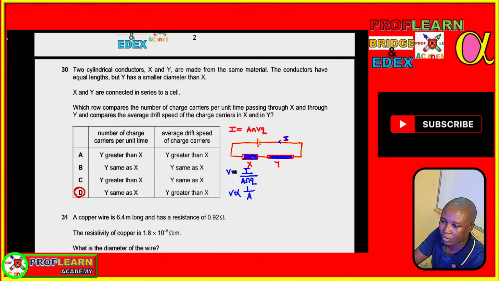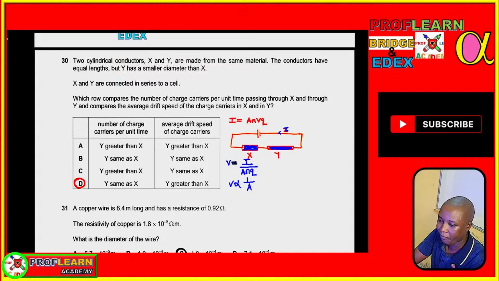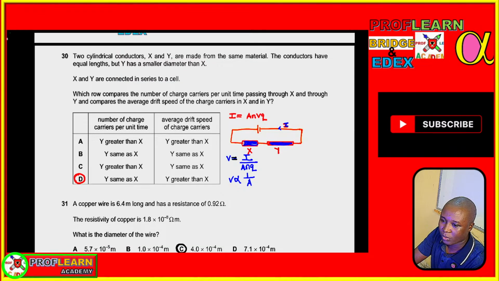We are told 2 identical conductors X and Y are made from the same material, and the conductors have equal lengths but Y has a smaller diameter than X. So which row compares the number of charge carriers passing through X and Y, and the average drift velocity?